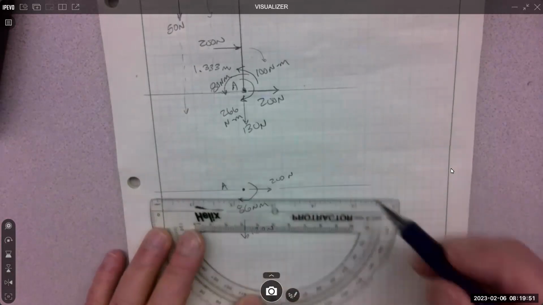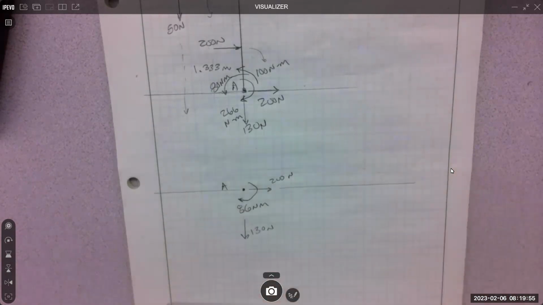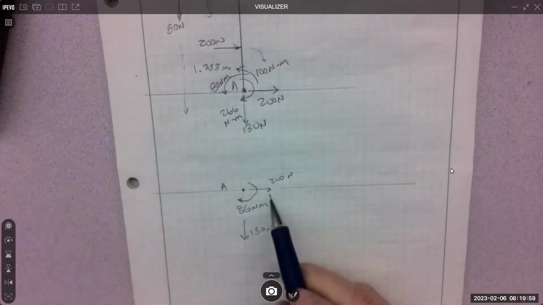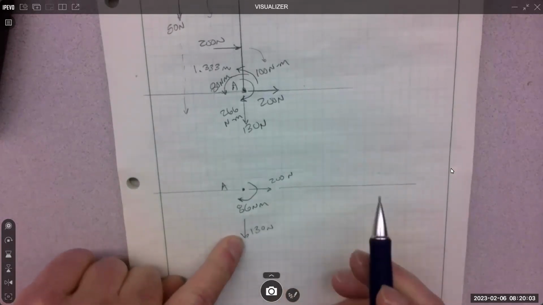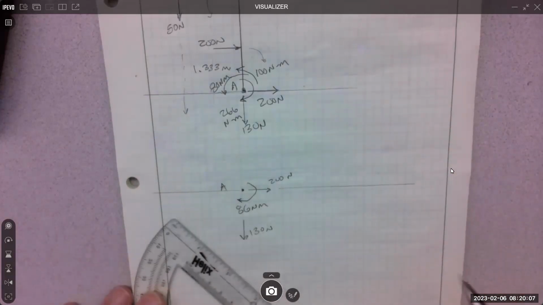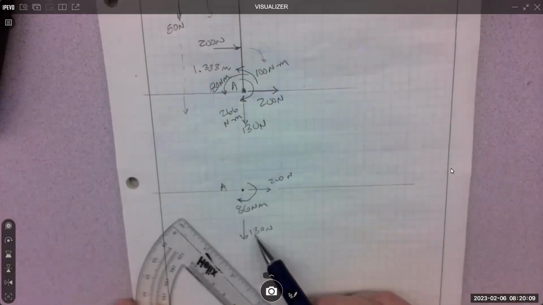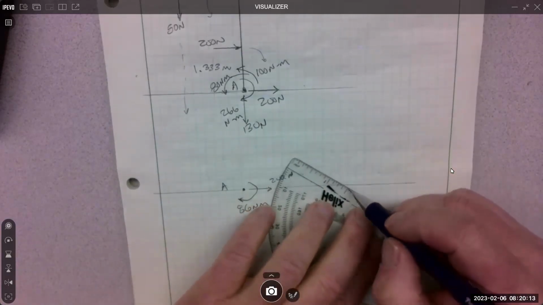Where is it on this horizontal line? And how big is it, right? So this is the X effect. This is a Y effect of the resultant. To get the resultant, I just do Pythagorean theorem, and it's going to be, looks like it's a little more in the X than it is in the Y. So it's not as steep as the other problems.